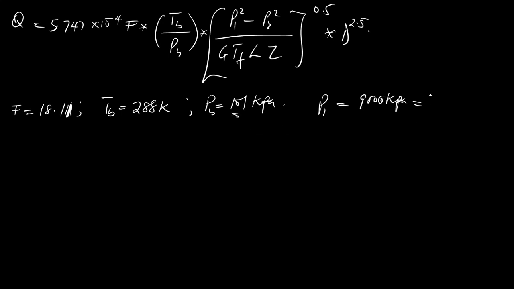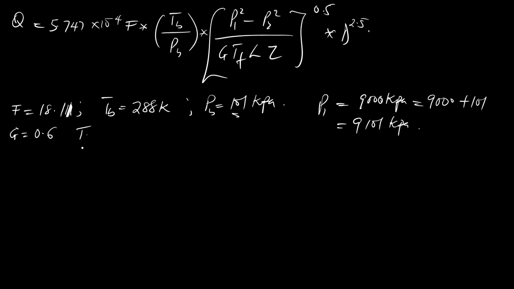So it will now be 9,000 plus 101. This will give us 9,101 kilopascal. So this is the absolute pressure. Now we have our G to be 0.6.